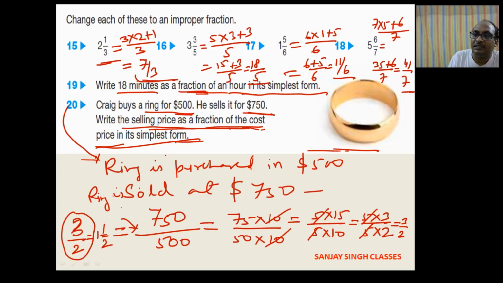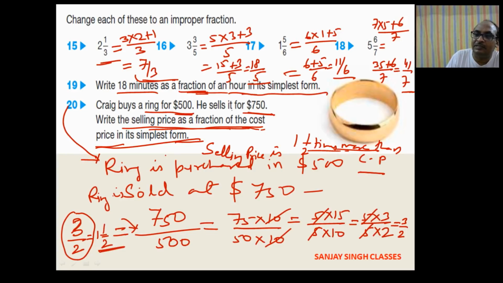So you can say the selling price is 1.5 times the cost price of the ring. Okay, 1.5 times more costly.